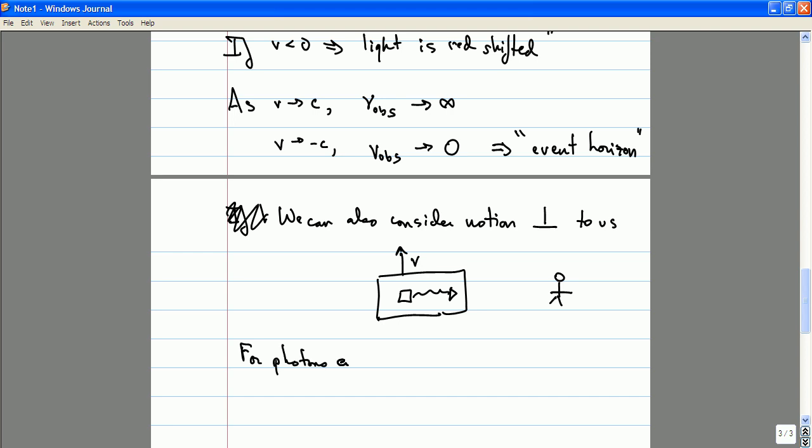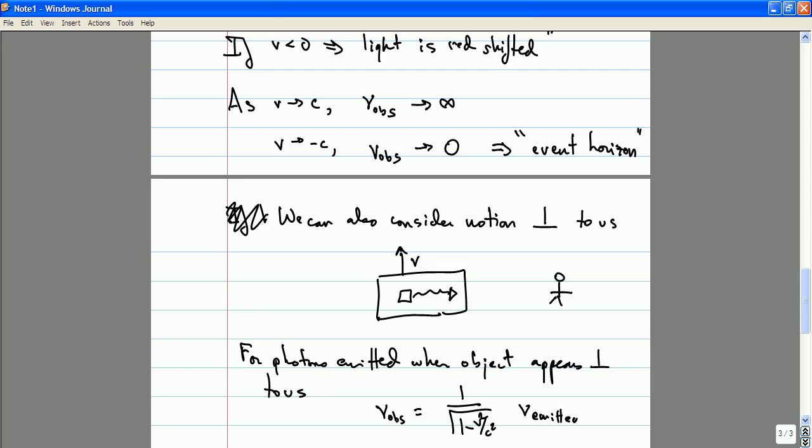For photons which are emitted when the object appears perpendicular to us, namely when the object is at its point of closest approach if it's moving on this line of constant velocity, then nu observed is related to nu emitted by this relativistic factor, just the gamma factor.